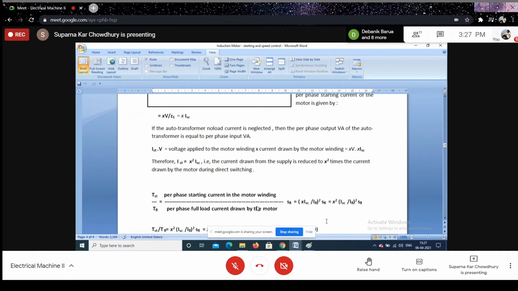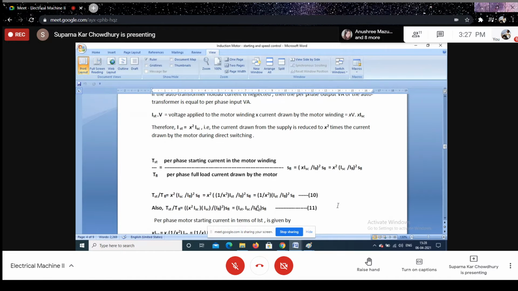So the torque, T starting and T full load ratio of these two torques will be per phase starting current in motor winding by per phase full load current drawn by the motor winding, square of that, into S full load. The starting current is X I short circuit, so this is the per phase current drawn during starting by I full load square into S full load. So X square I short circuit by I full load square into S full load.